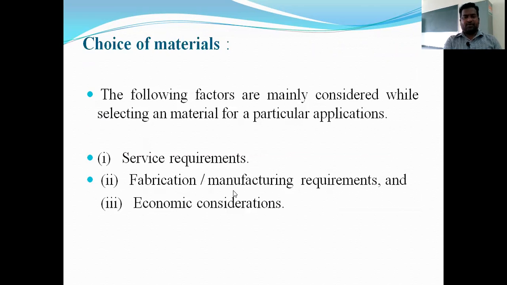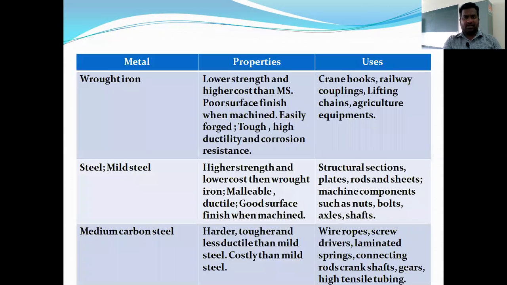For some particular material, it easily gets machinability, but it does not get weldability and castability. So based on the manufacturing requirements also we have to keep this in mind, right? Service requirements, manufacturing requirements, and economic considerations. These three things we have to keep in mind while selecting a material, right?